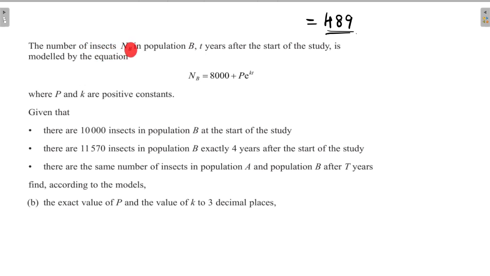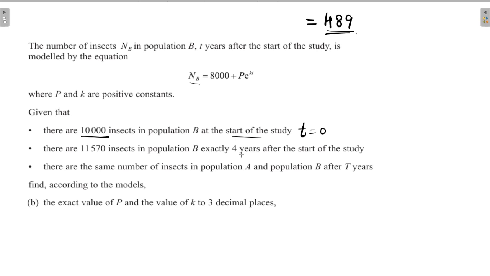The number of insects NB in population B after T years is given by the equation, where P and K are positive constants. There are 10,000 insects in population B at the start of the study, so when T equals 0, NB is 10,000.